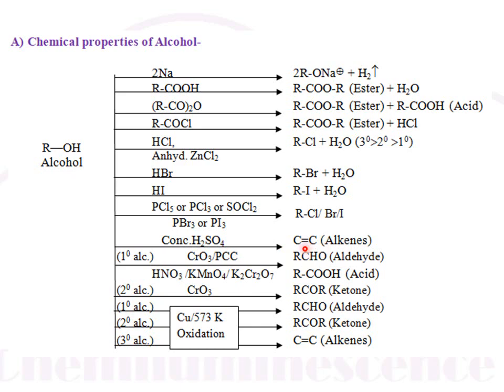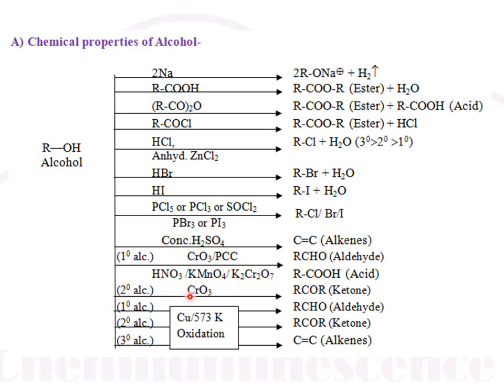In this reaction, the major product is identified by using Saytzeff rule. Primary alcohol on reaction with oxidizing agent chromium trioxide or PCC, that is pyridinium chlorochromate, forms aldehyde. Primary alcohol on reaction with common oxidizing agents like nitric acid, potassium permanganate or potassium dichromate forms acid.